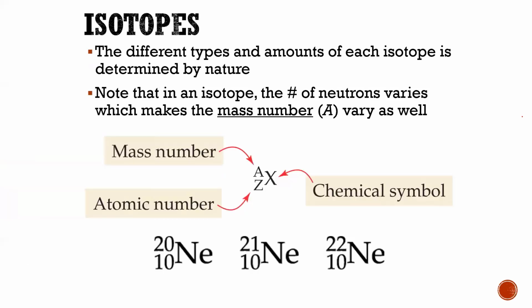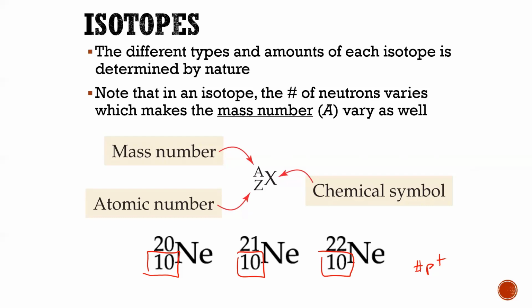So typically when we're writing elemental symbols, we want to show the mass number and the atomic number. And a lot of people always get confused and ask, which one's which? It's easy. The smaller number is always the atomic number. Why is that? Because it's the number of protons, and that's what identifies it as the element.